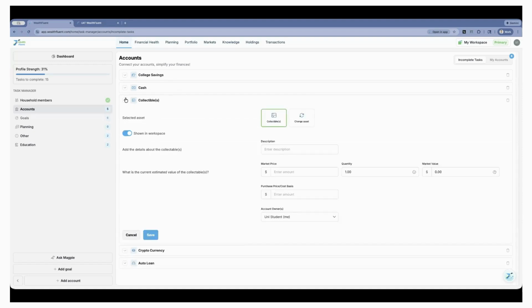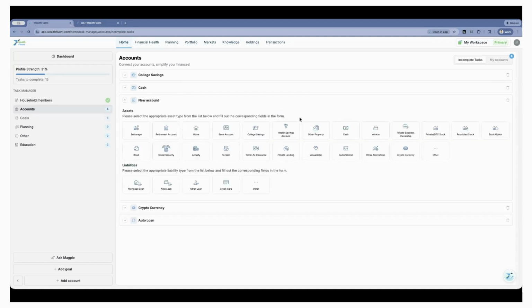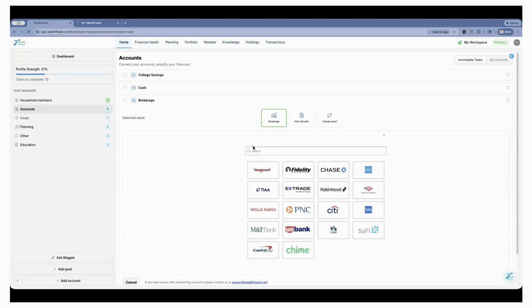Essentially, we support, either through connected accounts or manual accounts, the majority of assets and liabilities that are likely for someone to have. You can always add things like collectibles and other valuable types, and we support crypto.